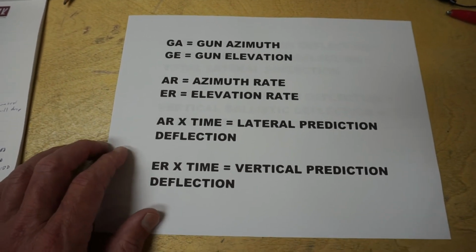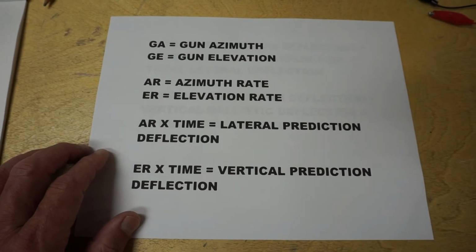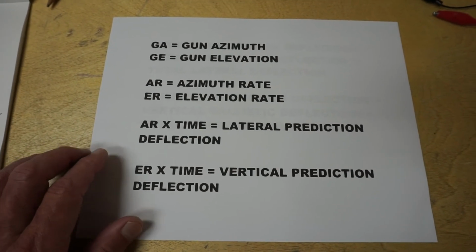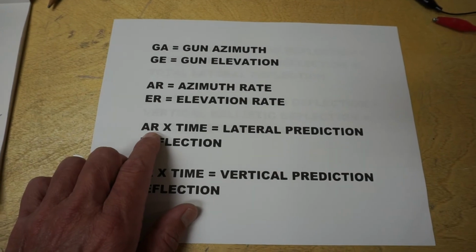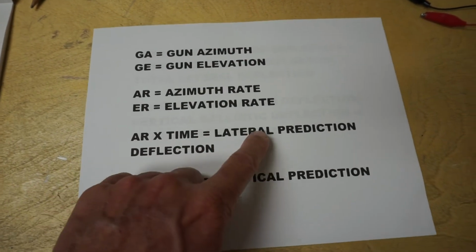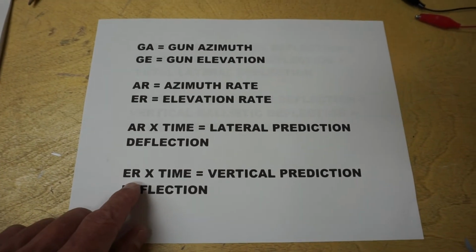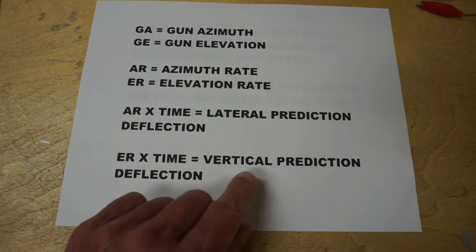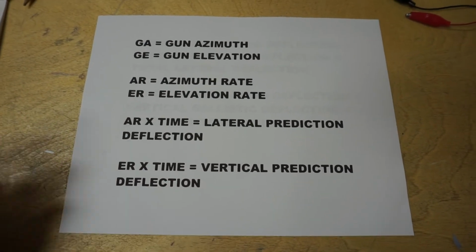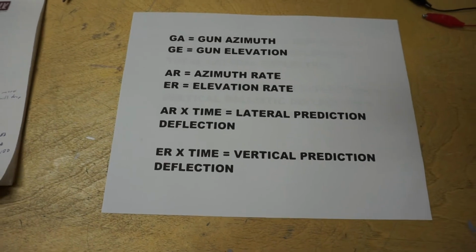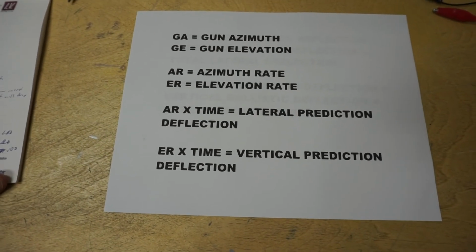Using the time that it knows because of the range, which we said was inversely related to time, the azimuth rate times the time gives a lateral prediction deflection, and the elevation rate times time gives a vertical prediction deflection. In other words, there's the present position of the target and its future position.